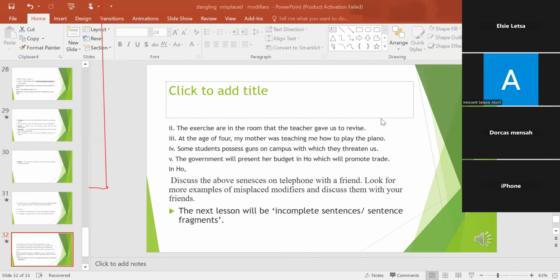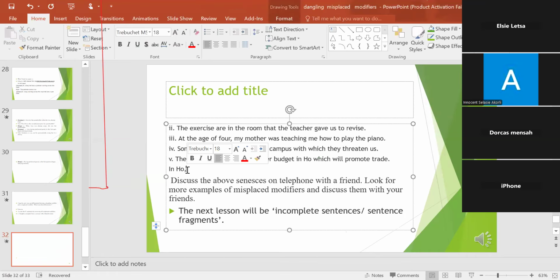The government will present her budget in whole town, which will promote trade in whole town. No, let's modify this. Which will promote trade.